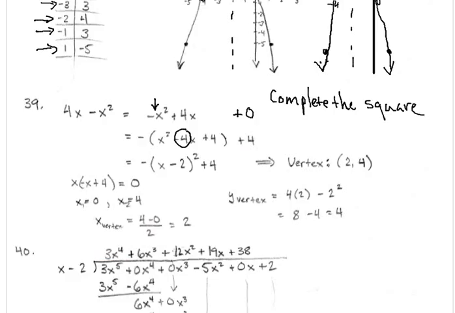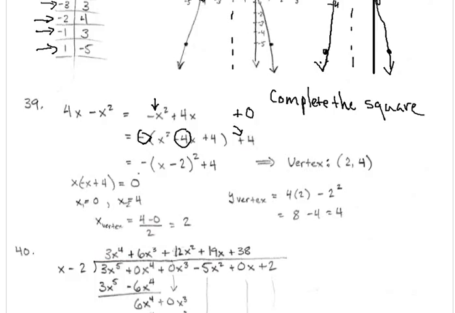So you added 4 inside of this expression, but to the whole expression it's as if you added a negative 4 because of this negative quantity here. So you have to counteract that by adding 4 outside of that. Then the factorization of this is negative the quantity x minus 2 squared, plus 4.